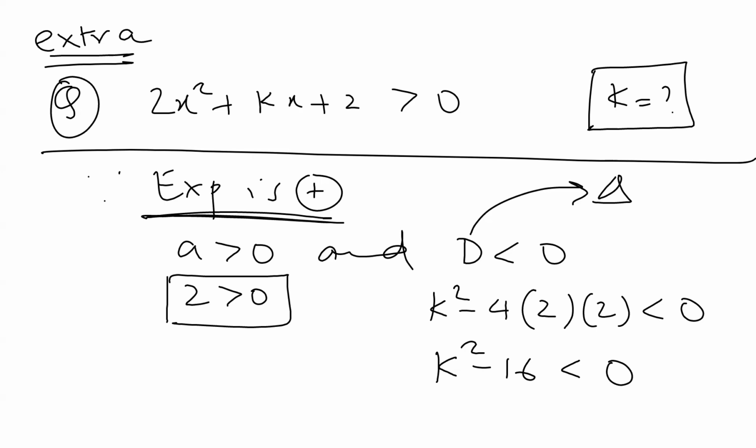Understood till here, everyone? Now don't do this, this is inequalities. Absolutely wrong. So factorize this: k plus 4 into k minus 4 less than 0.